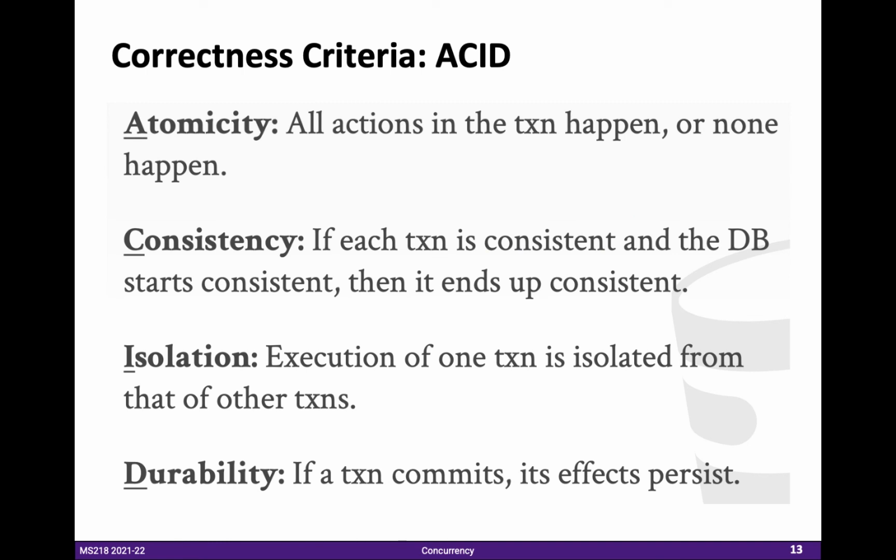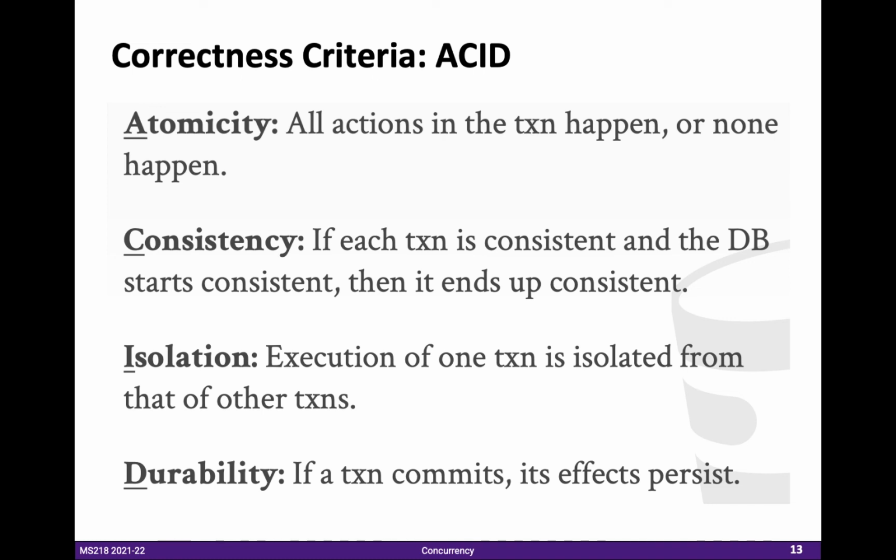So the correctness criteria comprise these 4 properties: ACID. A stands for atomicity, like you know atom. Atomicity: all actions in the transaction happen or none happen, meaning all or nothing.